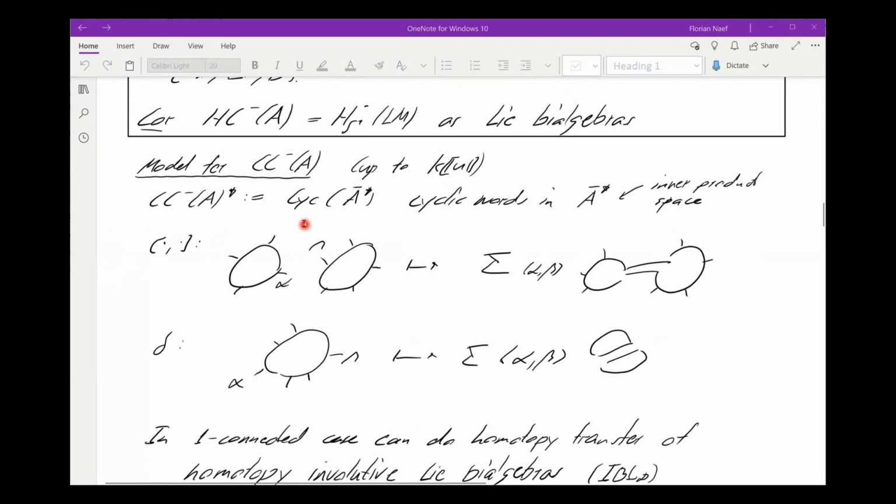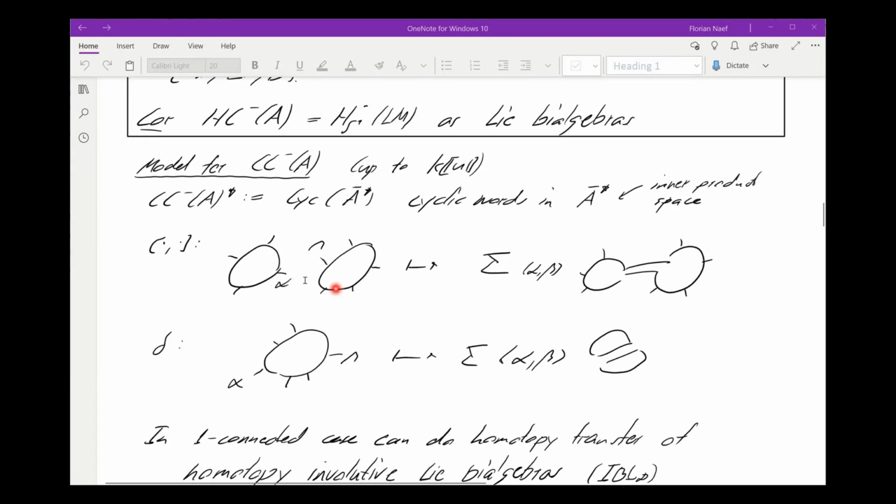Right, so here I want to give a Lie bialgebra structure, a DT Lie bialgebra structure, on this space of cyclic words. The way we do it, we think of a cyclic word as a circle with labels in this A dual.